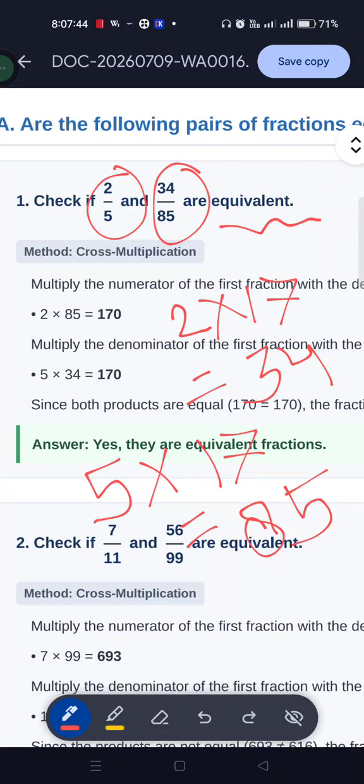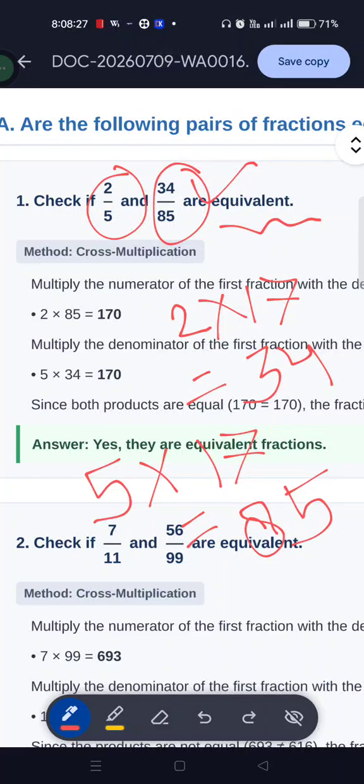You can check any fraction in this way. If you are given two fractions, what will you do? You will multiply the same number in numerator and denominator. If you get the other fraction, then it means that the second fraction is equivalent to the first fraction.